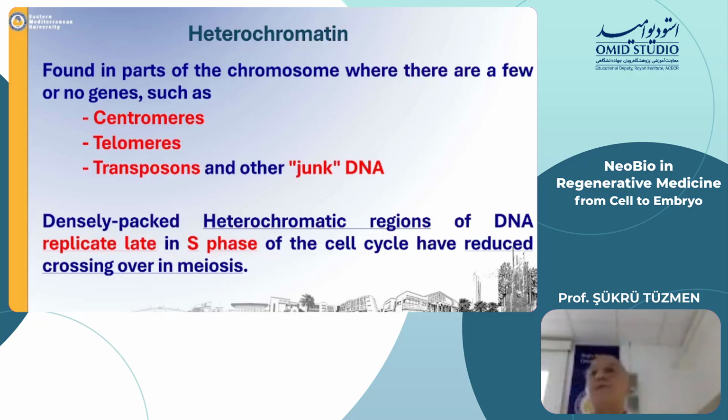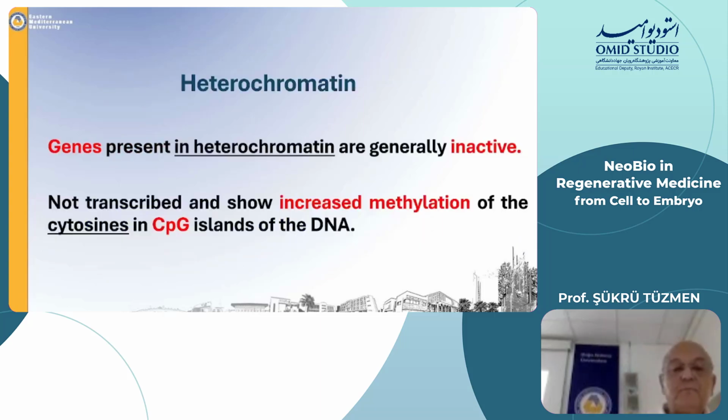In fact, in 2003 these heterochromatic regions were not yet sequenced, so it's a little bit more than 30,000 genes that we know of regarding the Human Genome Project.